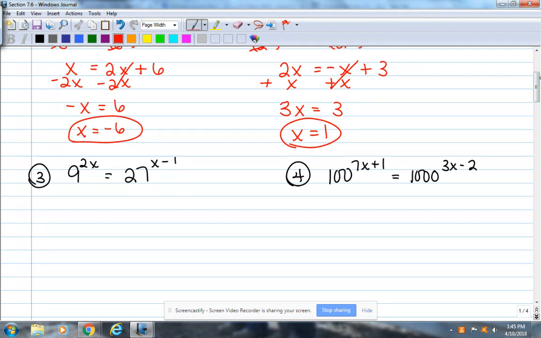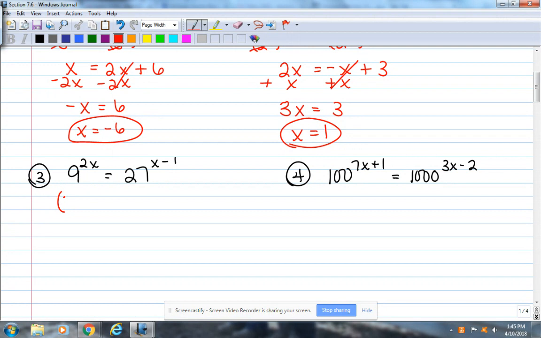The next one, problem 3, says 9 to the 2x equals 27 to the x minus 1. So we've got to get them to be the same base. What base do you think a 9 and a 27 have in common? 3, right? 9 equals 3 to what power? 2. Squared.